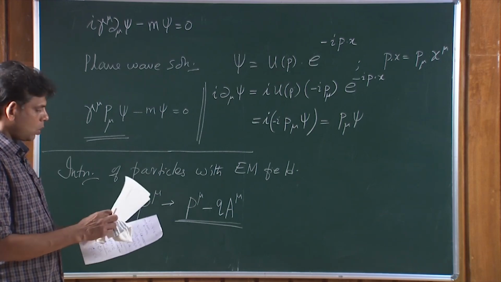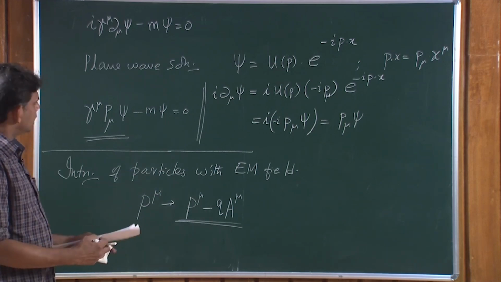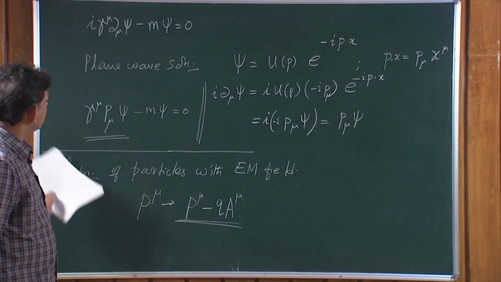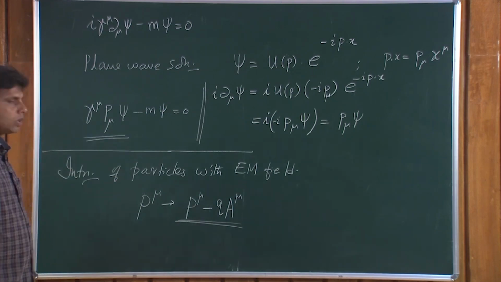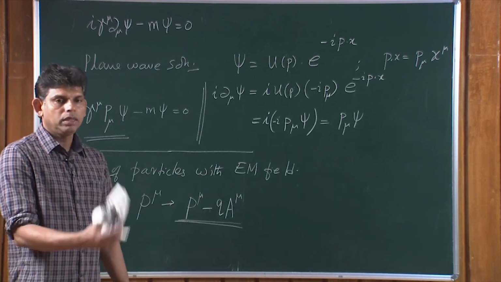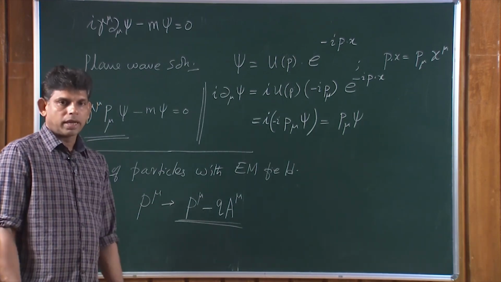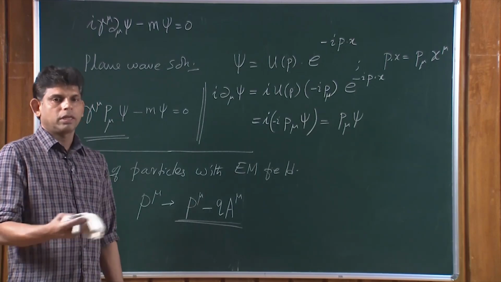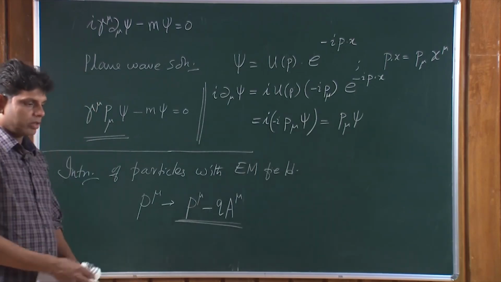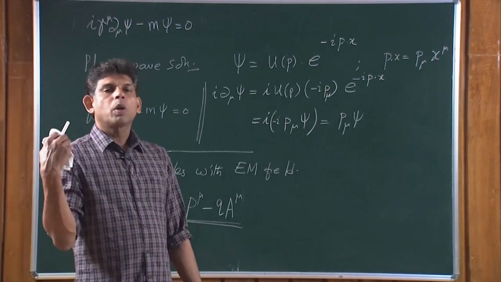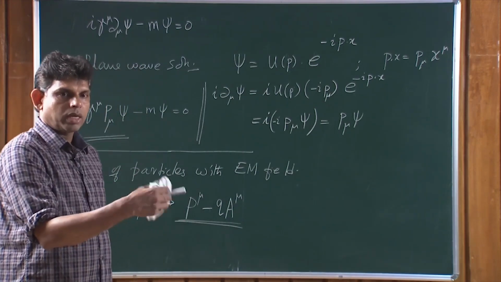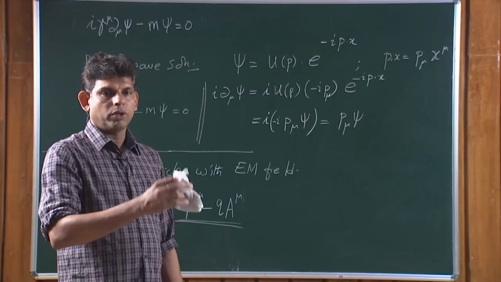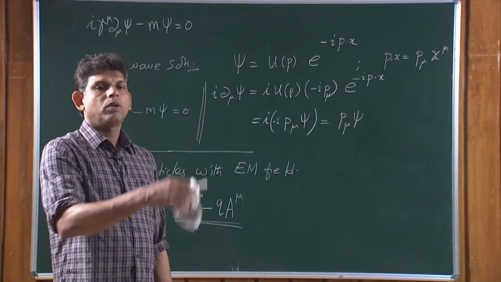Essentially our idea is to consider how we study the interactions and the transition amplitude, which will give information about the scattering of such particles by electromagnetic potentials. Say, for example, in Rutherford's experiment alpha particles, when they encountered the electromagnetic field of the nucleus, got scattered.